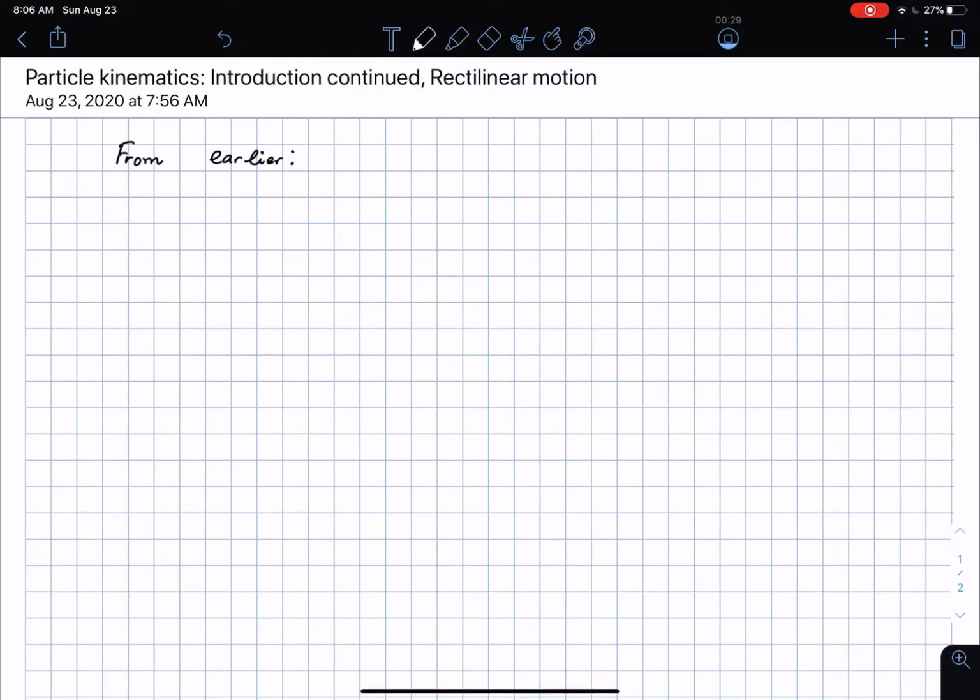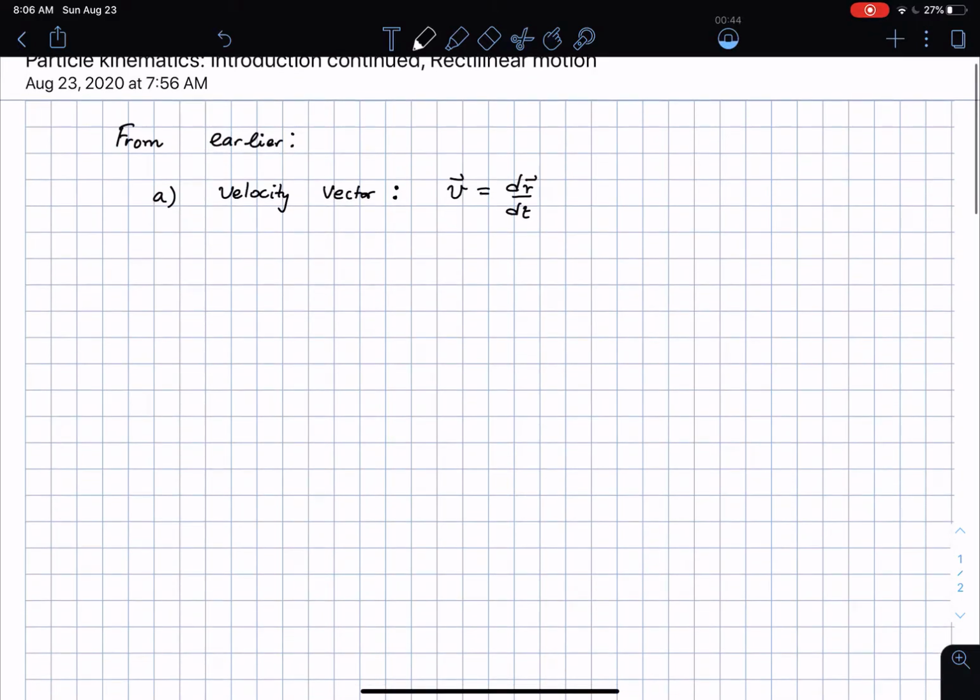we have the following. We have the velocity vector given as v is dr by dt, and then the direction of the velocity vector is always the same as the direction of the displacement vector, and both of these are tangent to the path at any point in time, right?